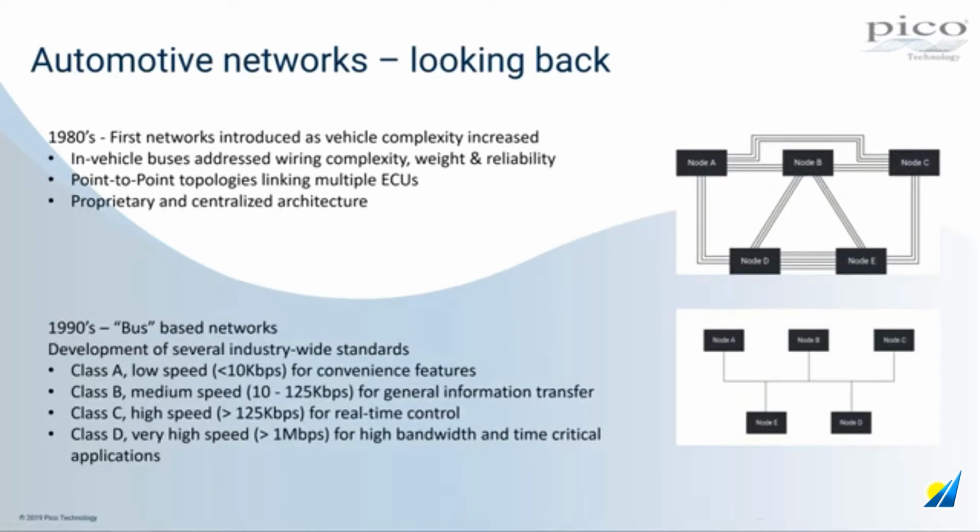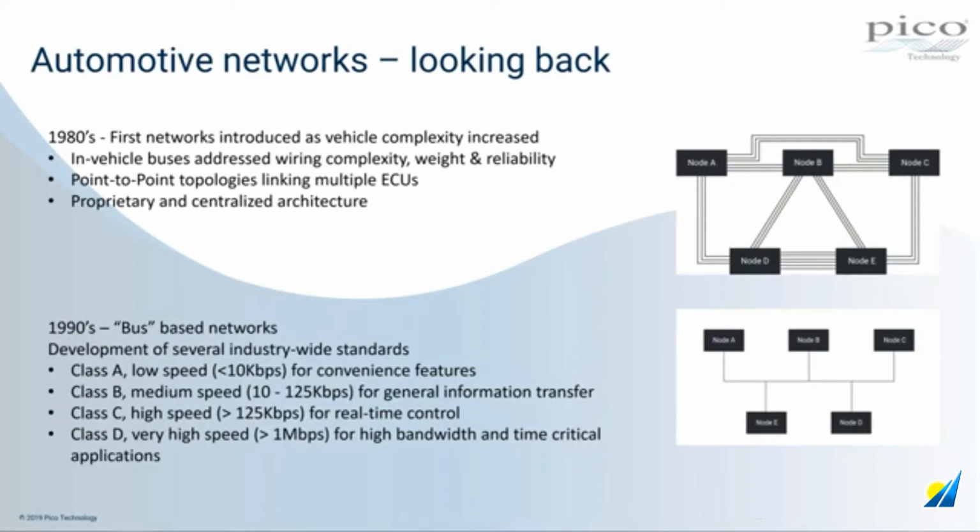There were various different classes of networks, ranging from low-speed devices for convenience features, such as turning on the heater in a wing mirror, right the way through to much faster devices for functionality to do with the control of an engine. So looking at airspeed indication, rotation speeds, and feeding all of that into the engine control unit.